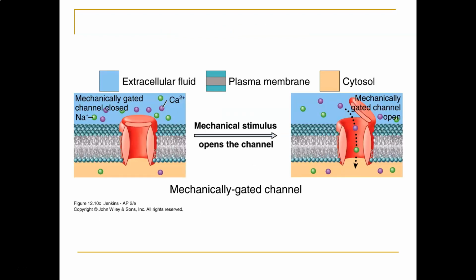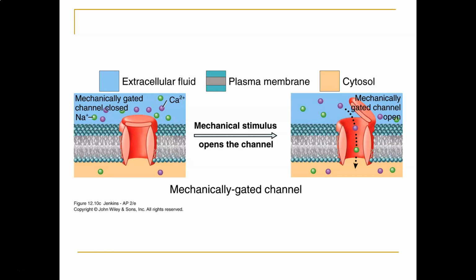So let's talk about the ions, the ion gates rather, that are responsible for graded potentials. First of all, they do have to open for ions to move across to change the membrane potential. So that's the same.